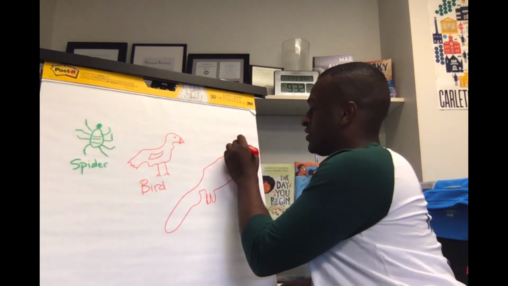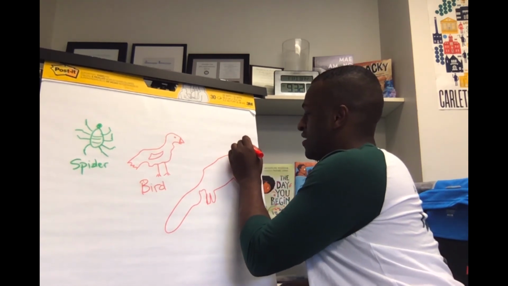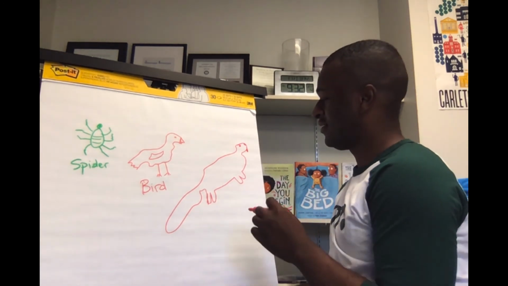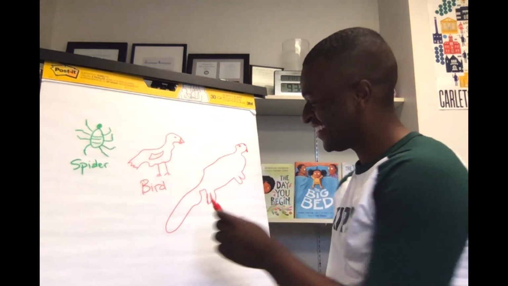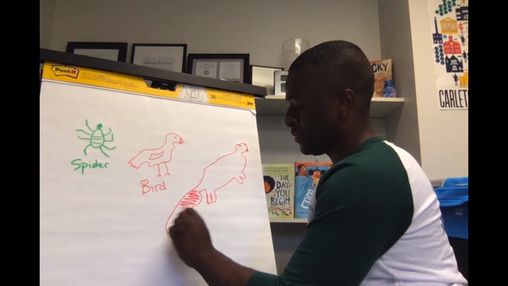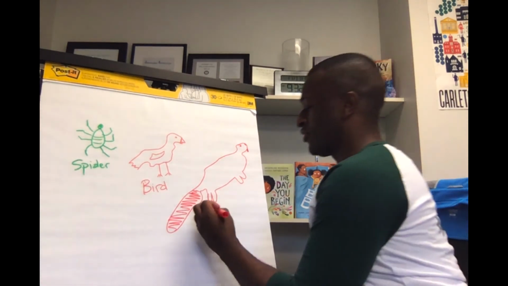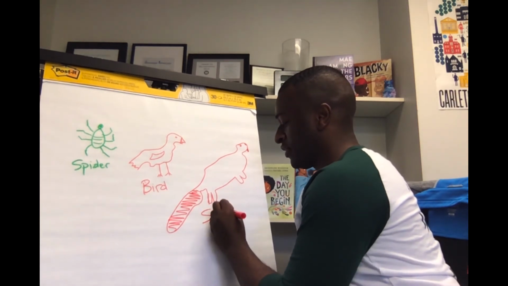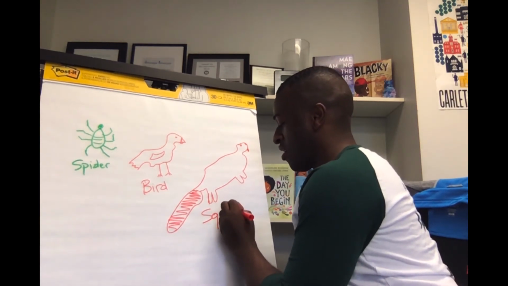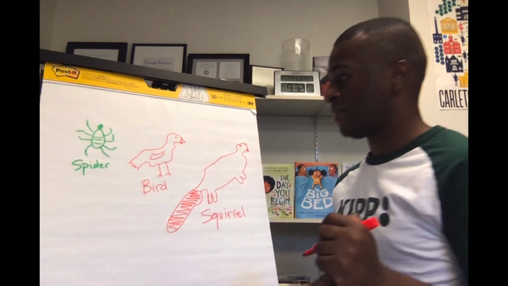Those are teeth at the front, little eye, little nose. A squirrel. Now this is Mr. Frills' squirrel, but I just want to make the tail a little more bushy so you can tell that it's a squirrel a little bit. Squirrel. Now squirrel's a tricky word to spell, but Squirrel. I'm sure you knew that.